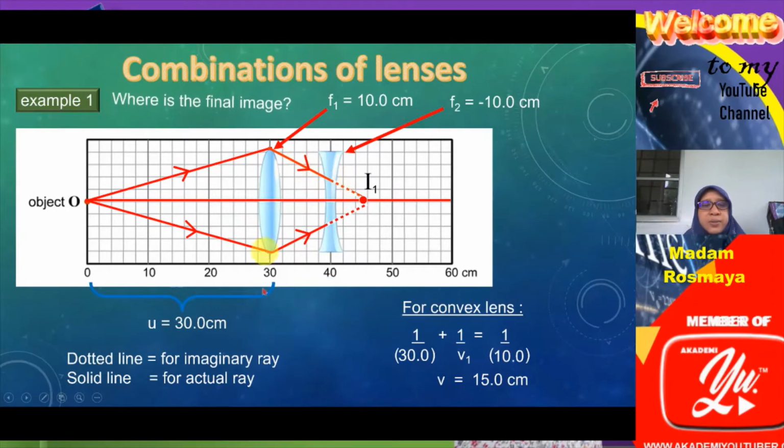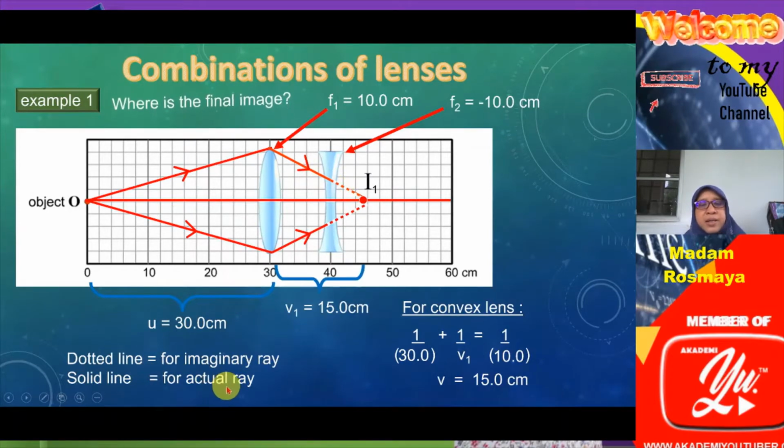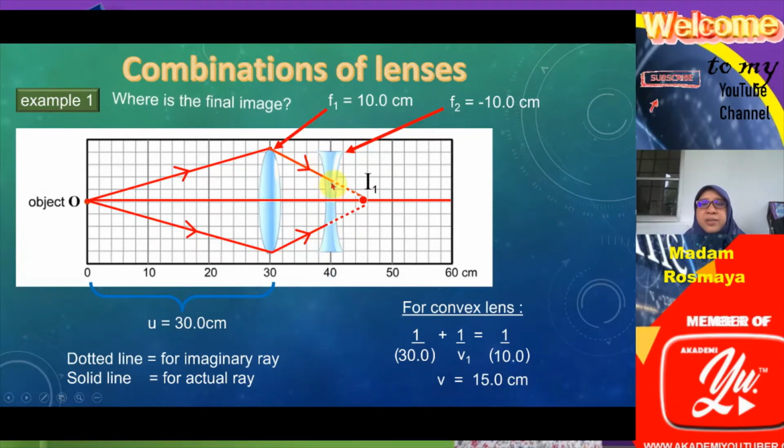The solid lines represent the actual ray. Why? Because this is the line of ray that passes through the concave lens, so we don't know what happened yet here. So this is drawn as a dotted line. We continue with the second part, for the concave lens.